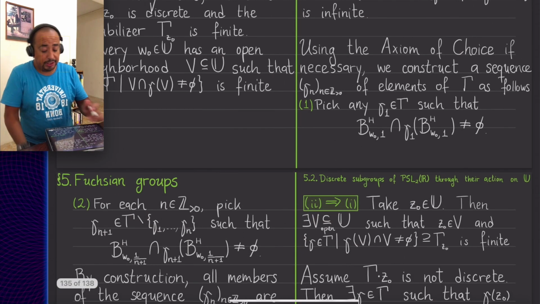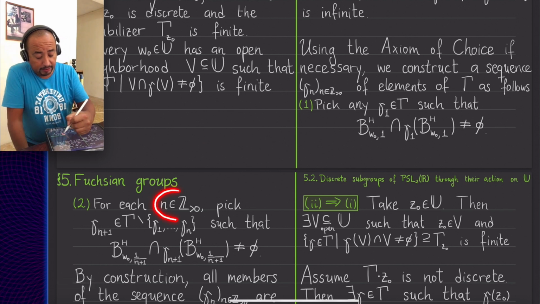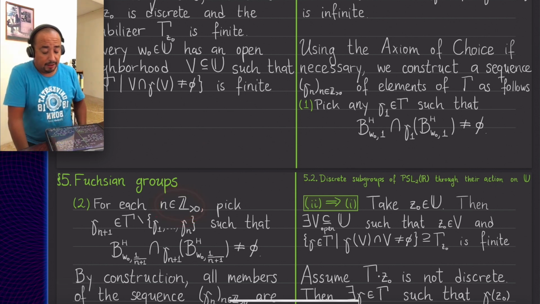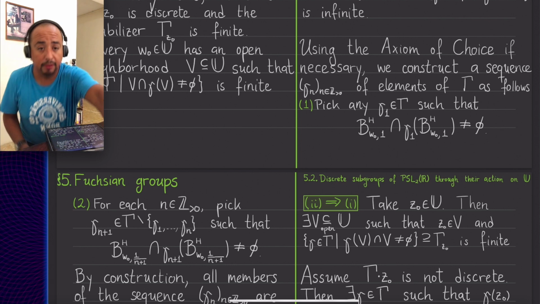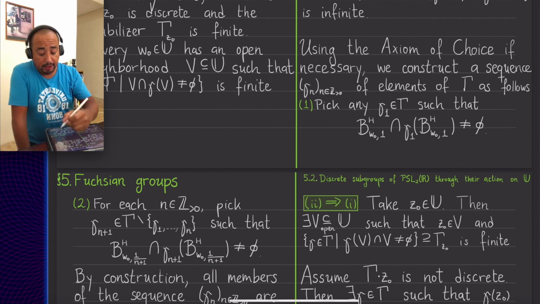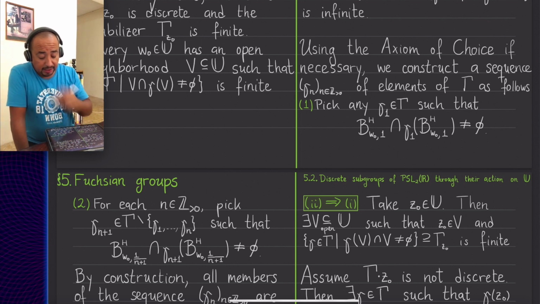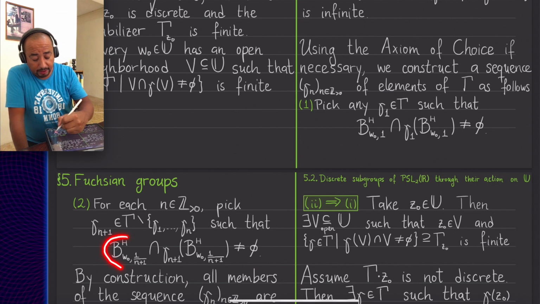So for each positive integer n, once I have already picked gamma 1 to gamma n, then I look at the open disk with center W0 and radius 1 divided by n plus 1.